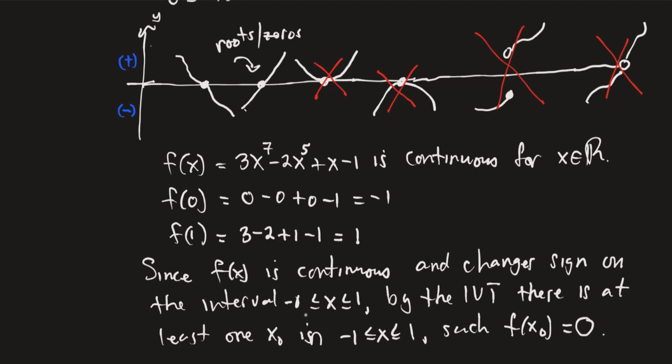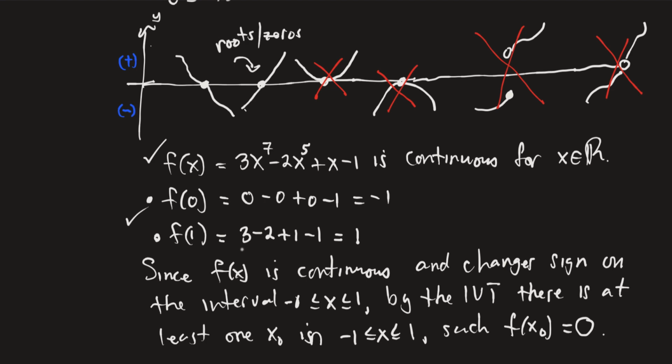And that's what we're essentially showing, right? So again, a lot of important things here. Obviously the concept of continuity, check. Then we have the algebra, where we evaluate it at the endpoints, and we get that sign change. And then invoking that powerful theorem, right? So using the IVT, it explains why this function has to have a root or a 0 between 0 and 1.